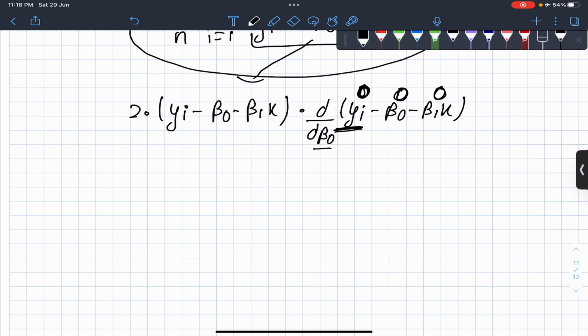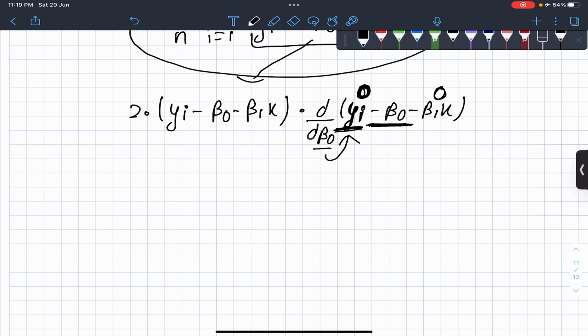But no, it's wrong. I was actually making you fool. See, what is happening here is that we have beta 0. How much does it get affected? y_i is constant, so its derivative is 0.